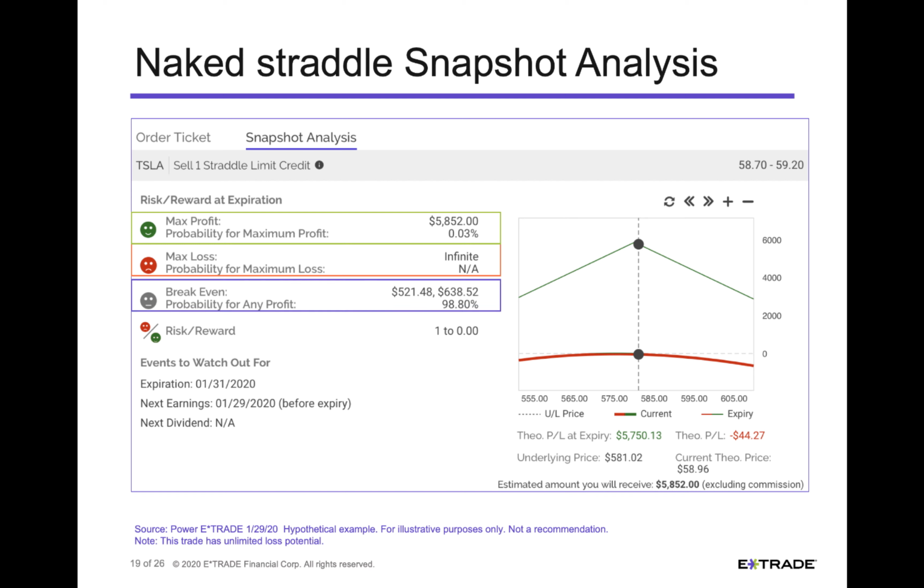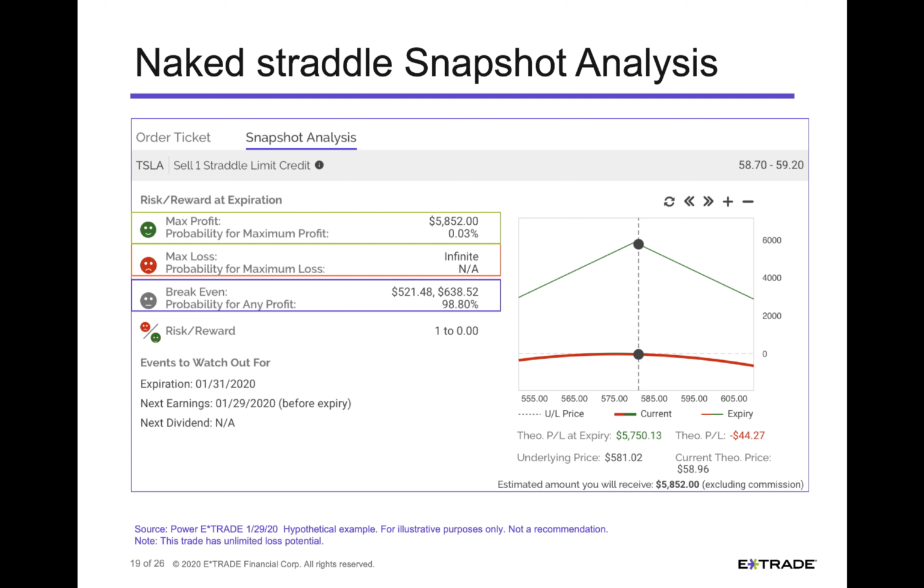But look at the break-even point. Because that volatility was so high around earnings, we will make some money if the stock is higher than 521.48 or lower than 638. Remember, the stock is trading right around $580, so we've got all that upside cushion to 638 and all that downside cushion to 521.